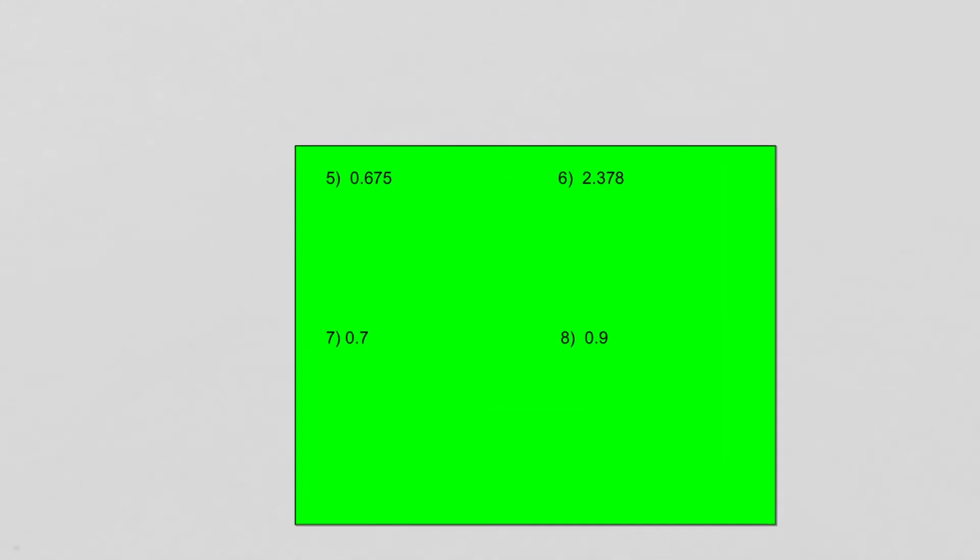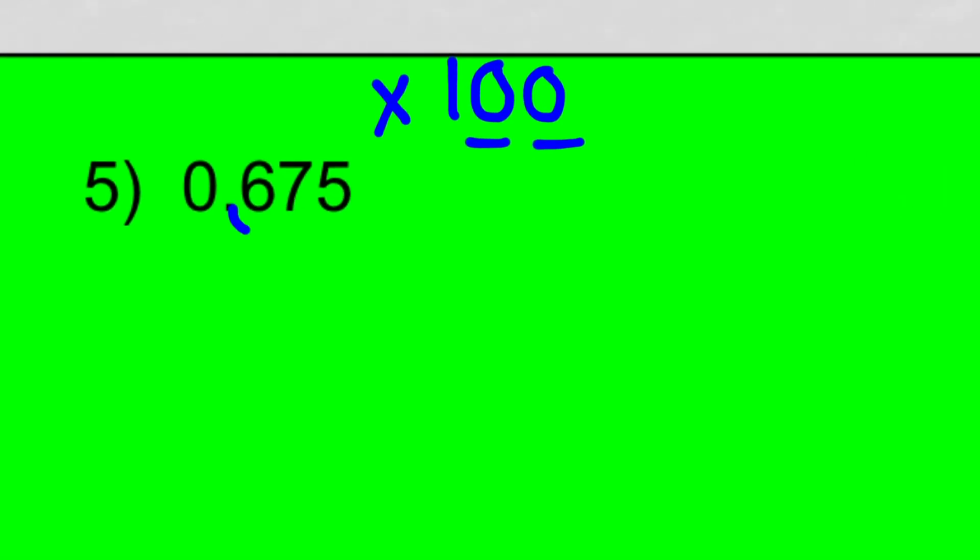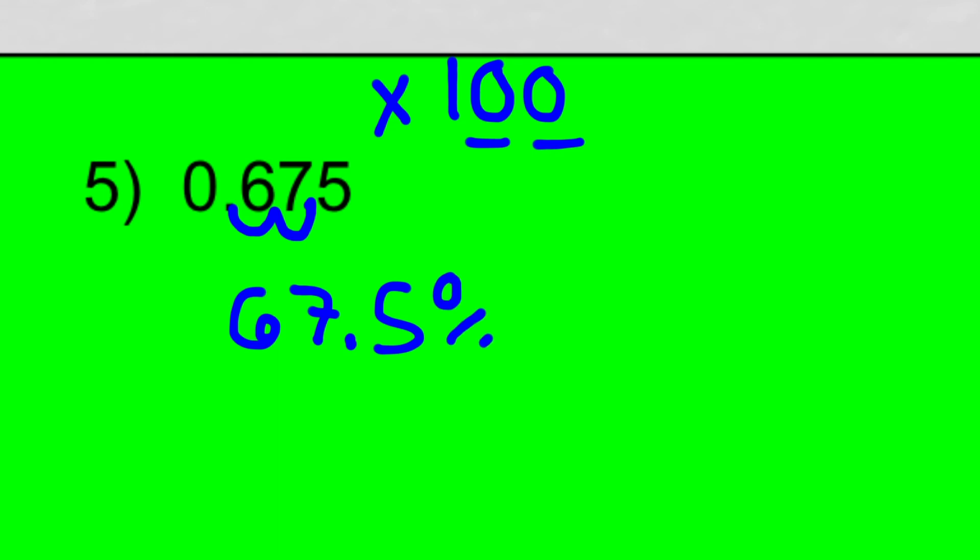Let's do a couple more. 0.675, 675 thousandths. To change that to a percent, I mentally multiply by 100. That causes me to move the decimal 2 spots to the right. And this would be 67.5%.